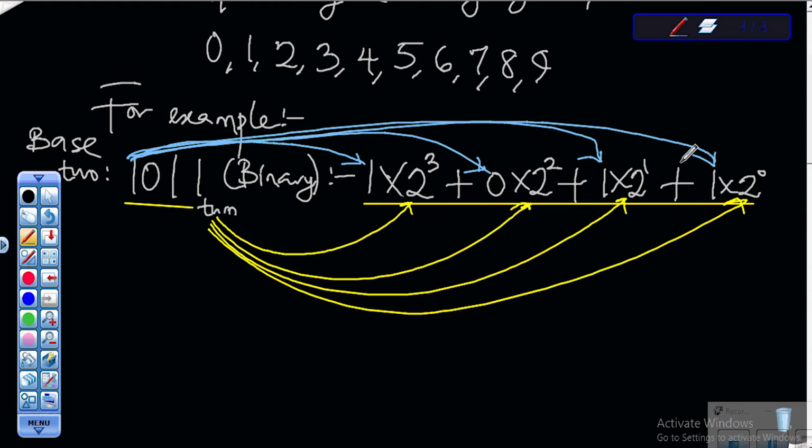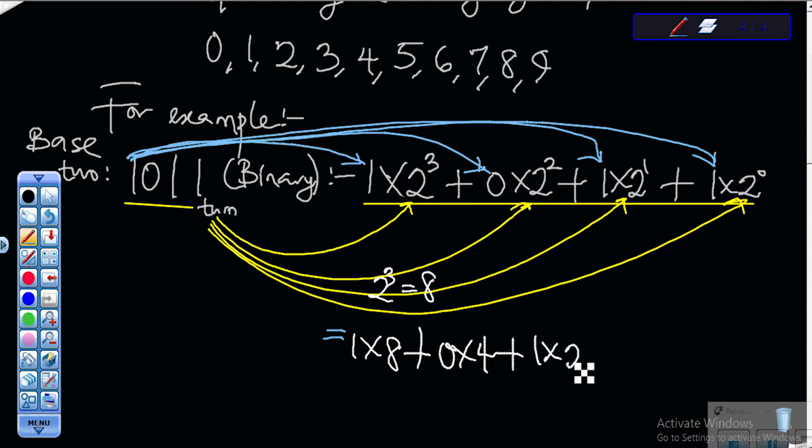So 1011 base 2 is being expanded as this. What am I trying to expand it down to? I'm expanding it down to base 10. This figure gives us the same thing as 1 times 8, because 2 raised to power 3 is 8, plus 0 times 4, plus 1 times 2, plus 1 times 1.